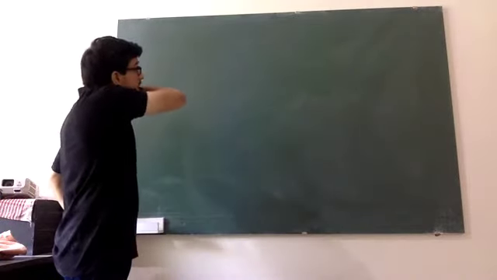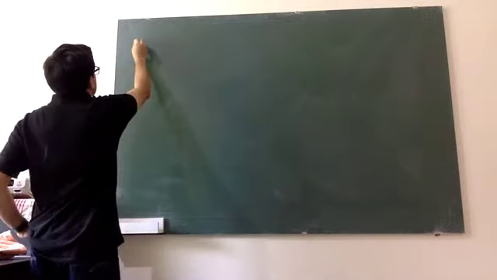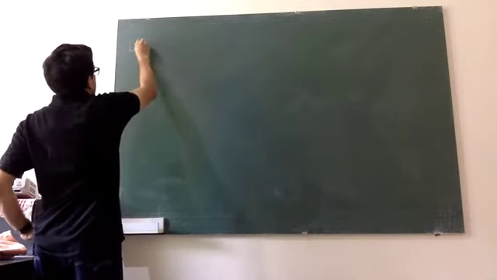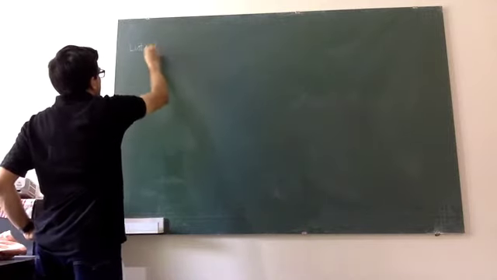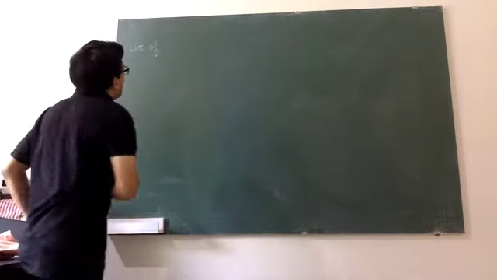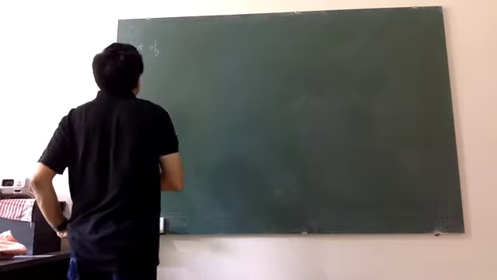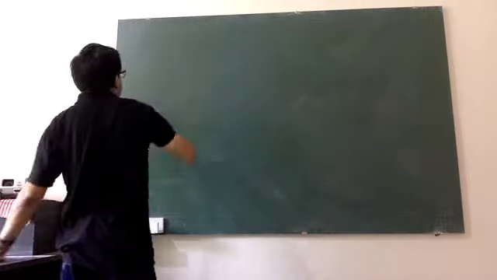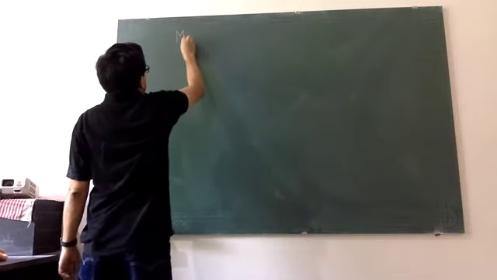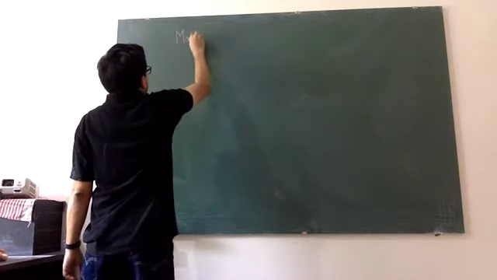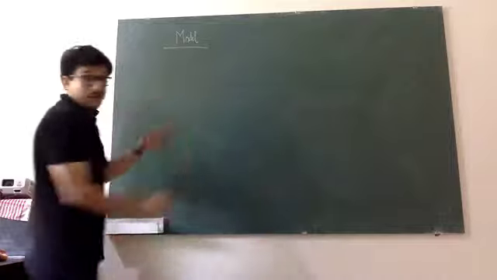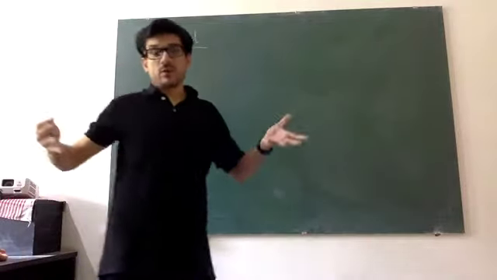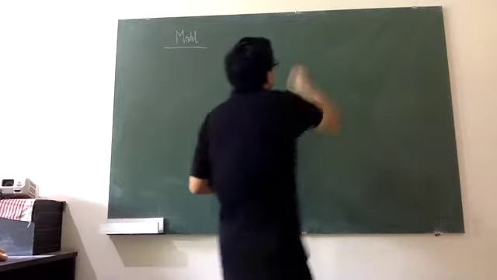First, the list of, let's say, I'll do it this way. I'll write the model. By model, I mean the optimization problem, the model of the problem, abstractly what it is.